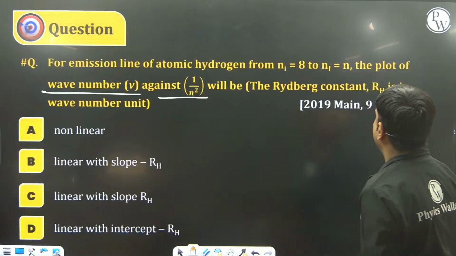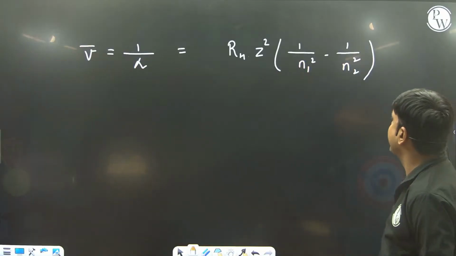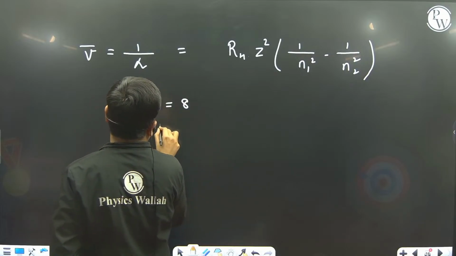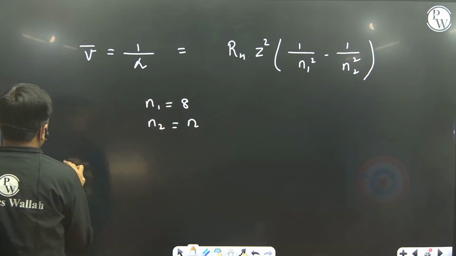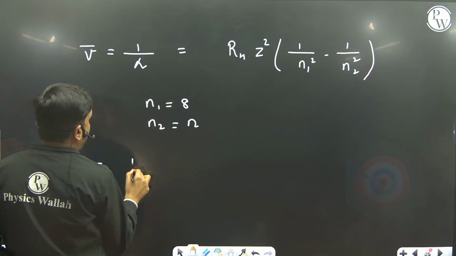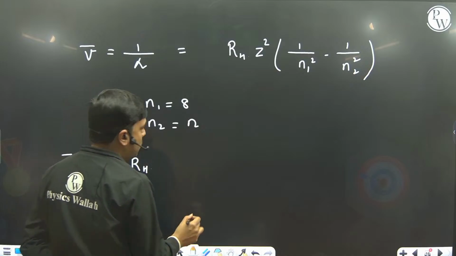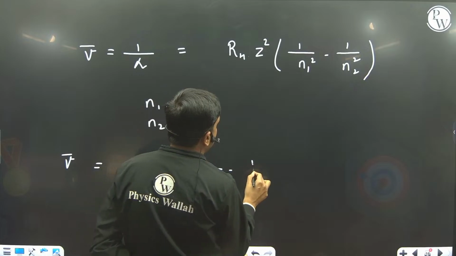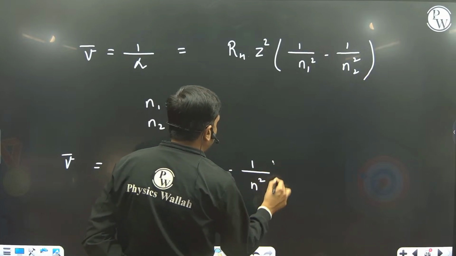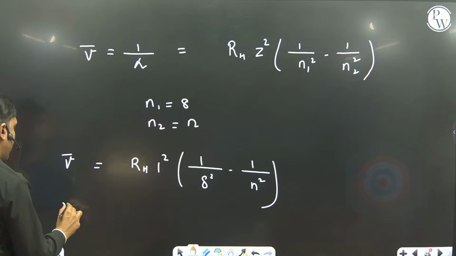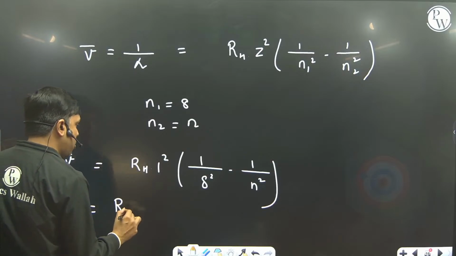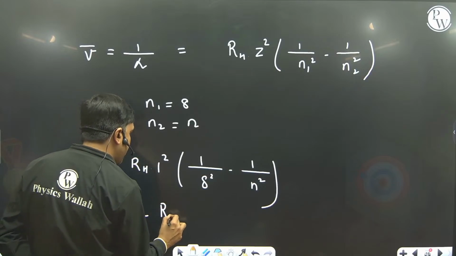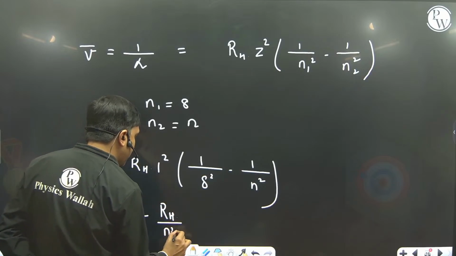Ni they have given as 8 and Nf they have given as N. So N1 is equal to 8, N2 is equal to N. Put it in the formula. RH into Z square, Z is 1 square only, upon 1 by 8 square minus 1 upon N square, right? So mu bar equals RH upon 64 minus RH upon N square.